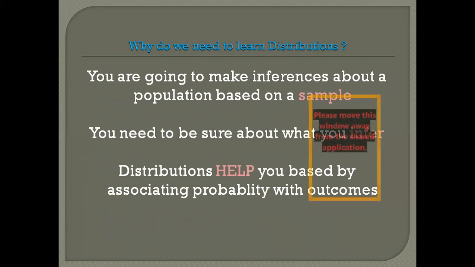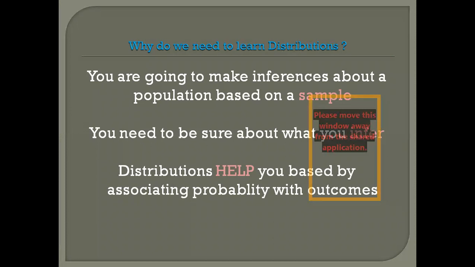You are going to make inferences about the population based on the sample. You have a sample and you are making inferences based on that sample, right? Now, distribution is going to help you there. You need to be sure about what you are to infer, what kind of things you are going to tell about the whole population based on the sample. Here again, the distributions are going to help you, right?